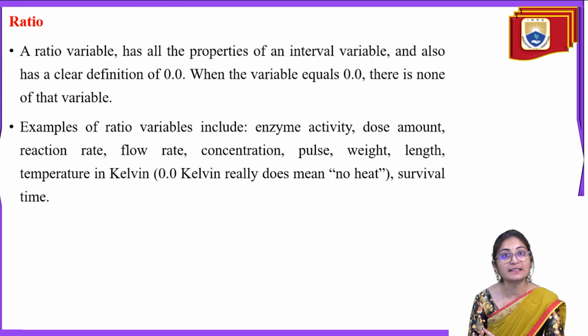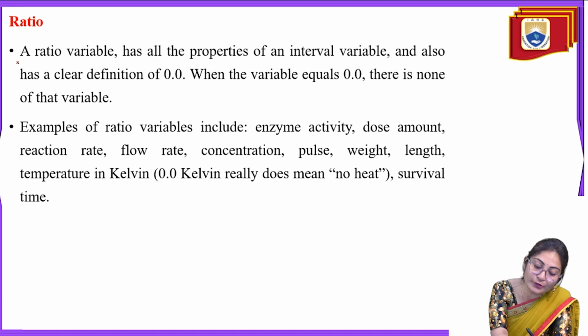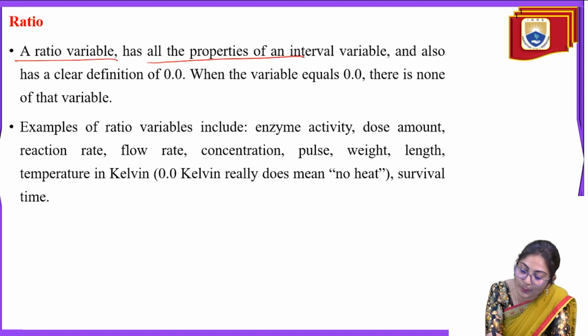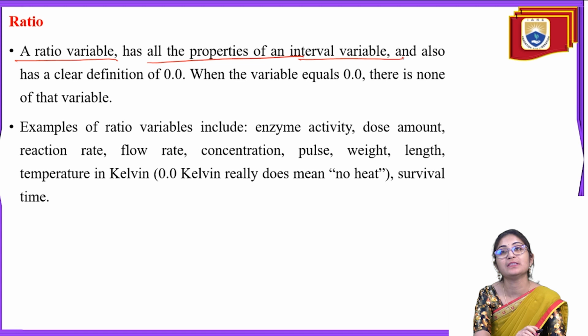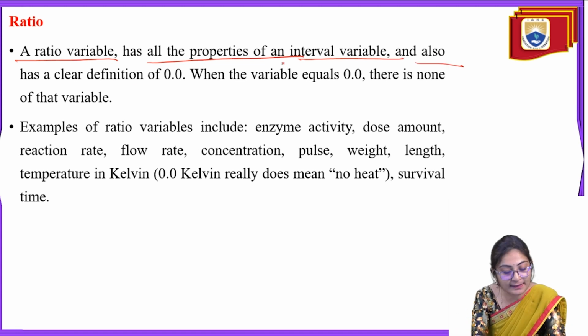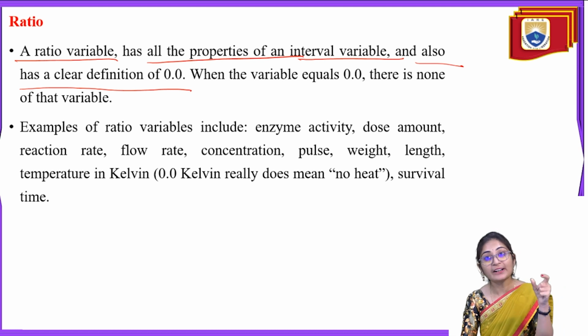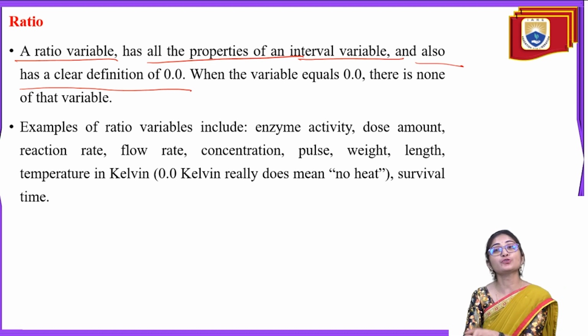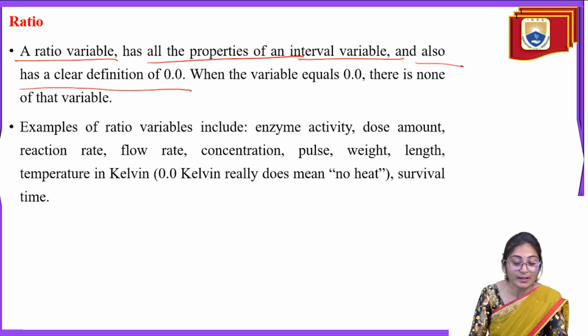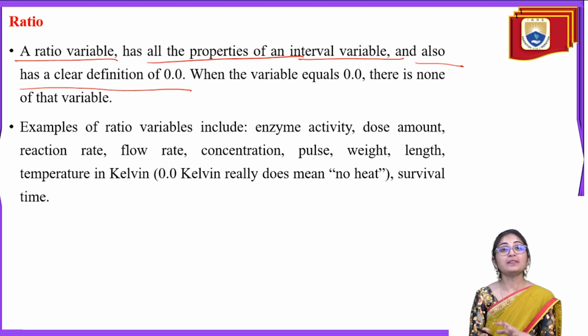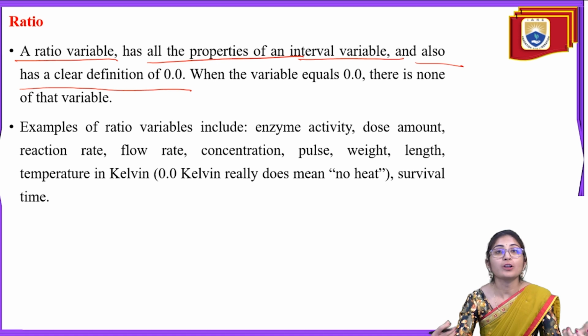Now the next one is the ratio. A ratio variable has all the properties of an interval variable and also has a clear definition of 0.0. When the variable equals 0.0, there is none of the variable. So a ratio variable is almost equal to an interval variable.